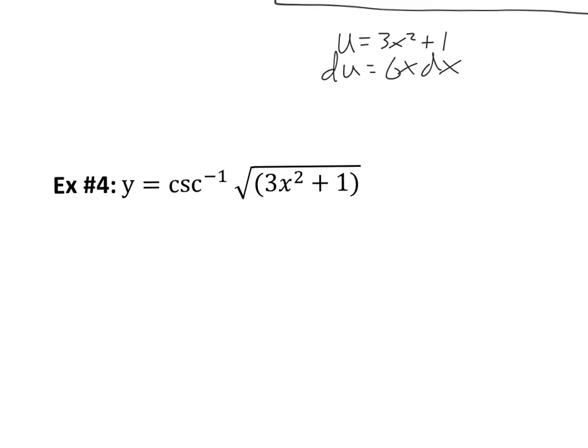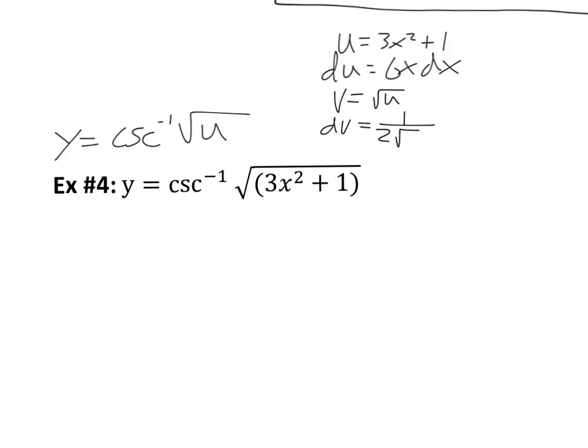Okay, I'm going to write up above it. So that would mean that y equals the inverse cosecant of the square root of u. It's a little bit simpler, but still not simple enough because I still have a function inside of a function. So I'm also going to need to let v equal the square root of u, and therefore dv equals 1 over 2 square root u du.